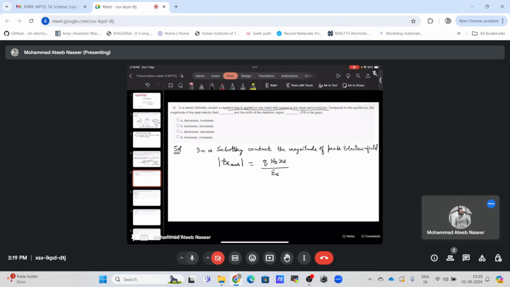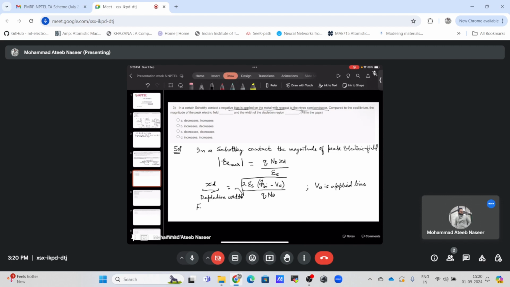This XT is the depletion width, and it is given by the square root of 2 times epsilon s times (phi bi minus VA) divided by Q times ND, where VA is the applied bias.